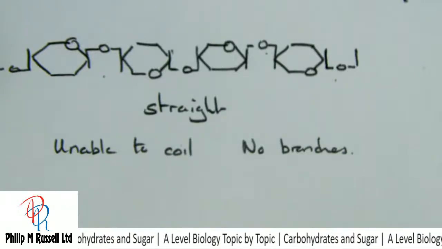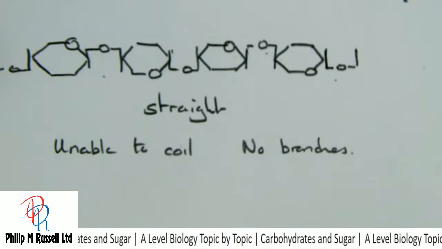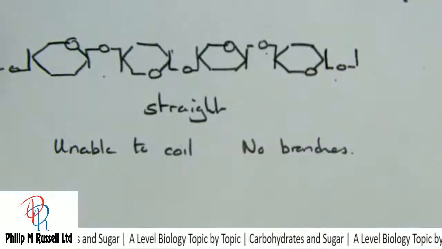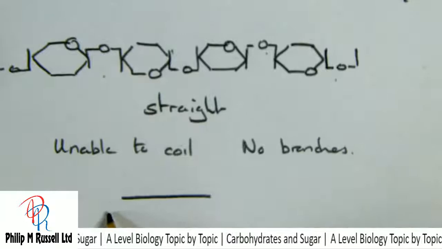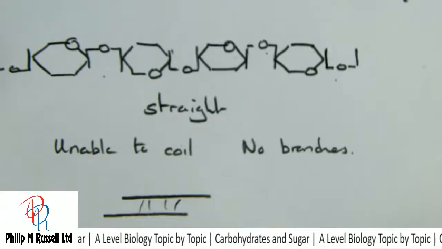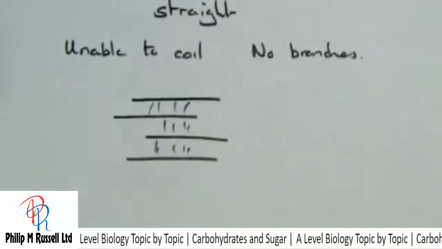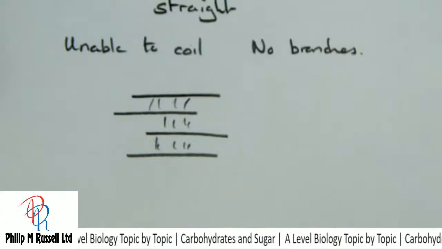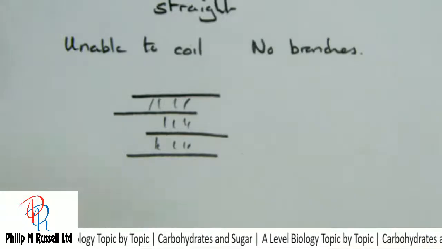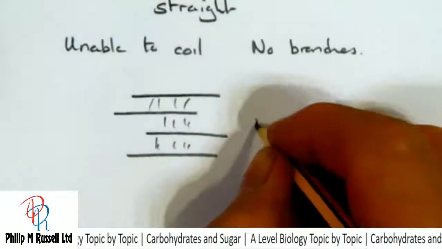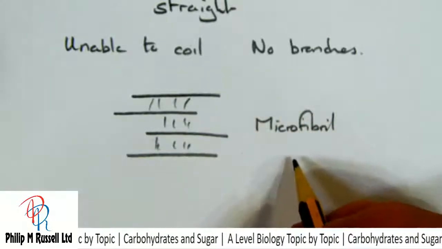And this gives cellulose a lot of its properties, because it's going to mean that our chains of cellulose are going to have bonds going across from one chain to the other. And once we've got these long chains, which we're going to call now a microfibril, will be joined together.